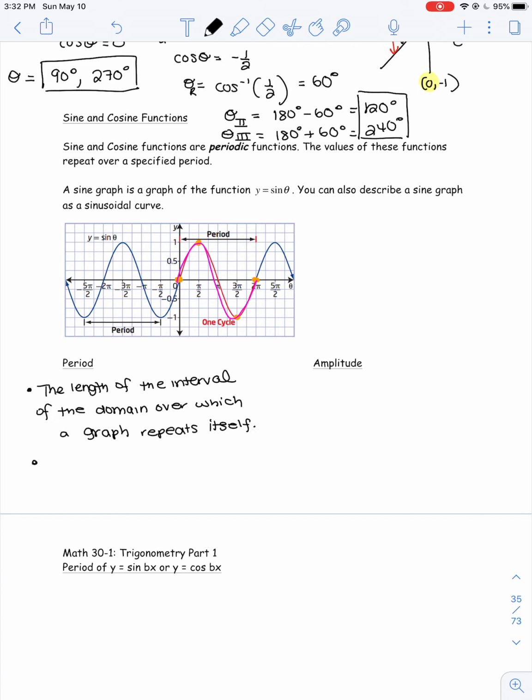Another name for it is the horizontal length of one cycle of a periodic graph. For sine and cos, it's 2 pi. That can change if we shrink or compress the graph, but for the most part, it's 2 pi. So that's one cycle or one revolution around the circle. Our amplitude is the max vertical distance the graph varies above and below the horizontal median point.